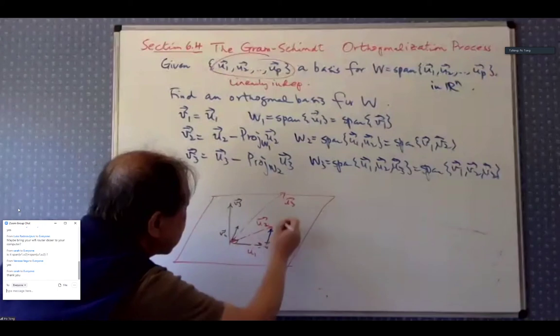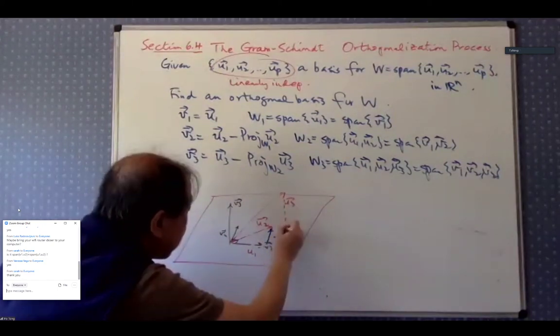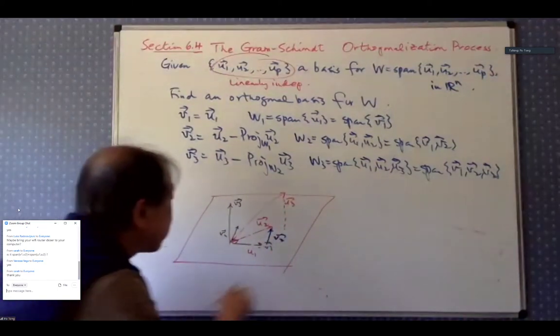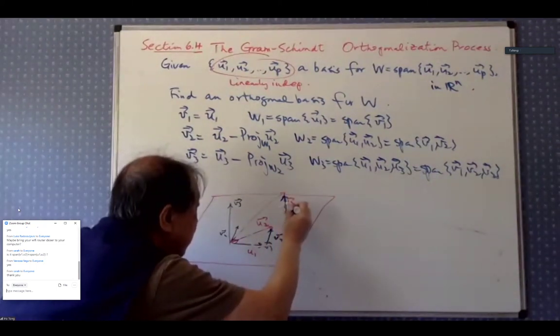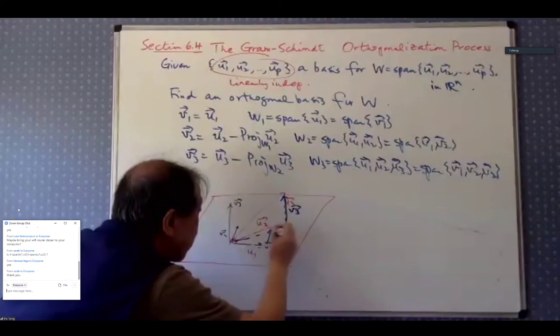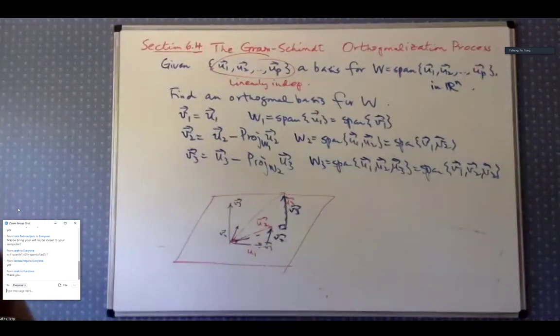Let's use blue to do one here. This one is V3, and this one is another perpendicular. Hopefully you understand what's going on. That's essentially what's going on. You just do it one at a time.